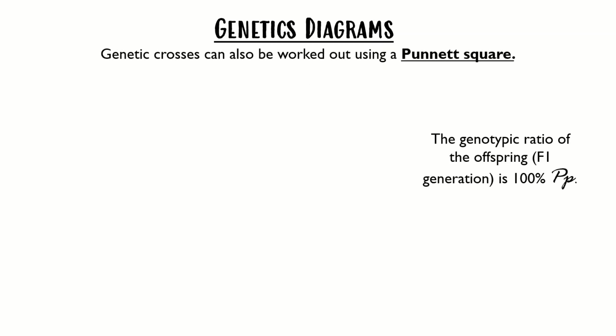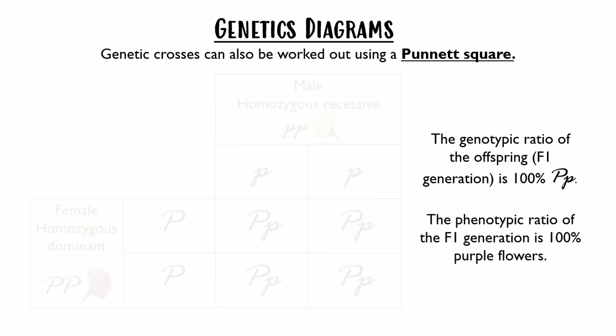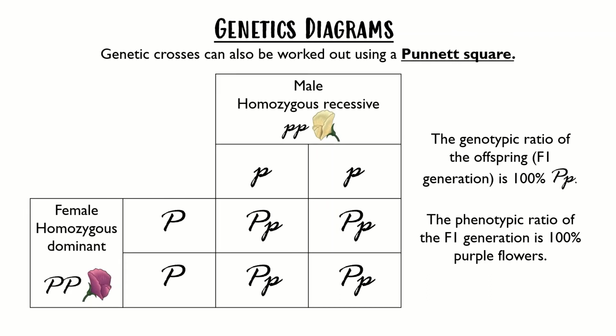Okay, genetic diagrams can also be worked out using a Punnett square. This is a different method. The first method is a full genetic cross. This is a quick way of doing it by putting the alleles on each side of a square, separating them out. You can see there the gametes are separated out.